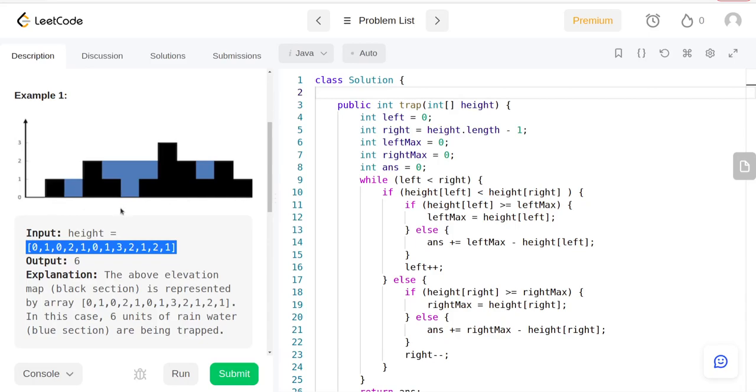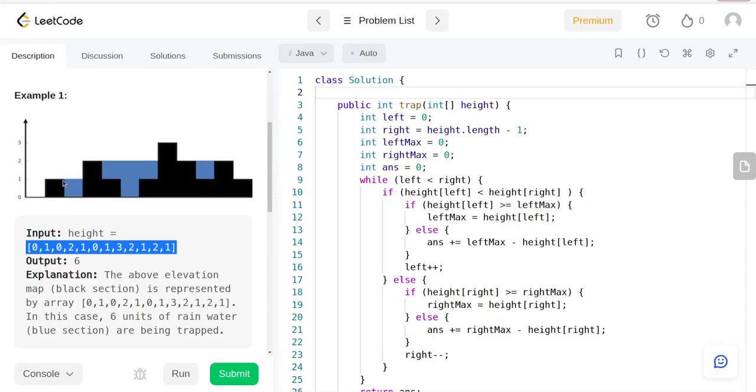You compare the heights of both, and if the height of the left hand pointer is less, you're going to see how the current height compares with the left maximum you have seen so far. If it is less, you're going to be adding the difference.